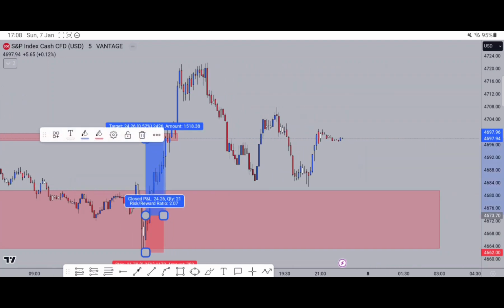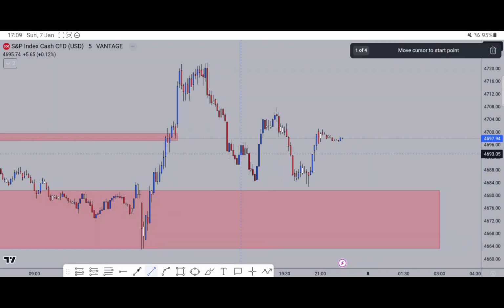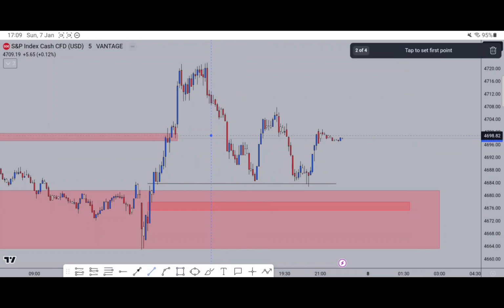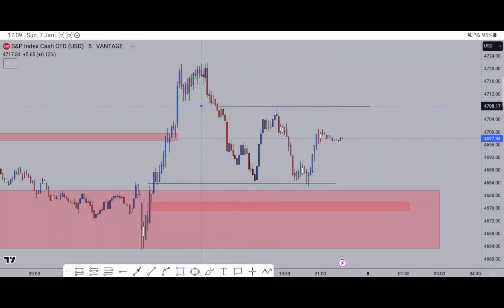What I'm seeing right now for the week going forwards is a level here, an imbalance down here in the zone again, but I'm also seeing in the resistance area a beautiful double top there with an imbalance here.